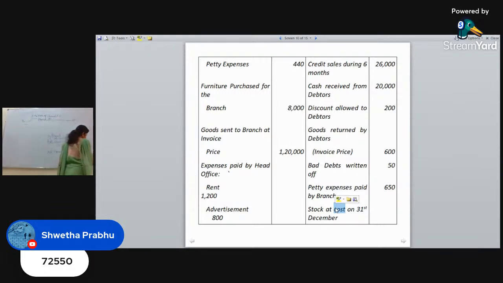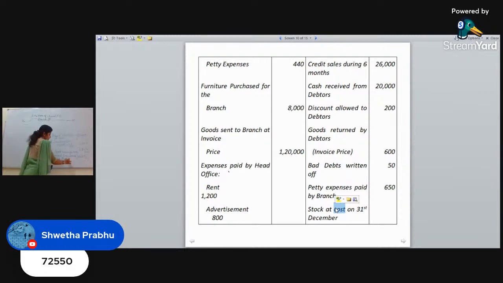Add 600 rupees. And the next adjustment is by branch furniture.